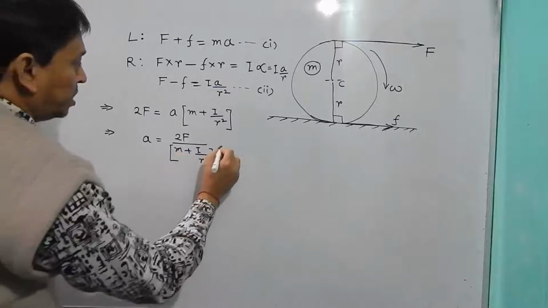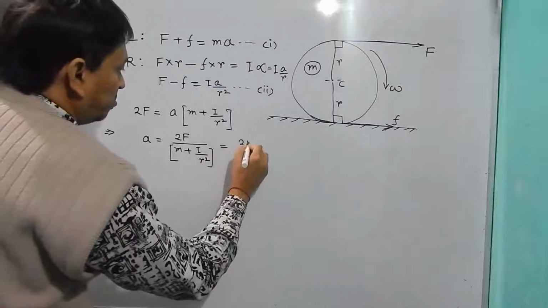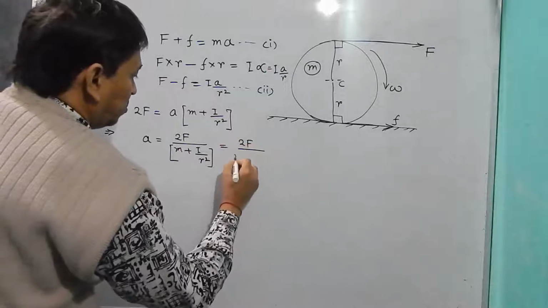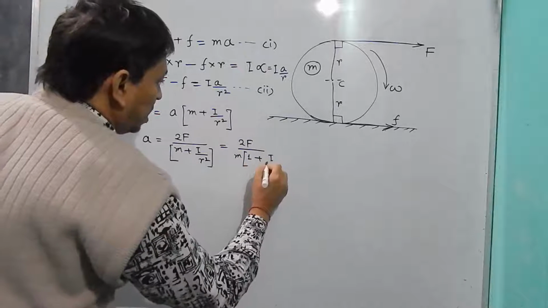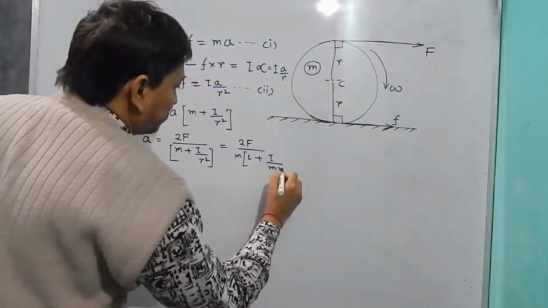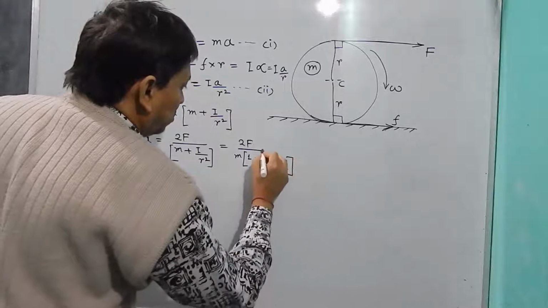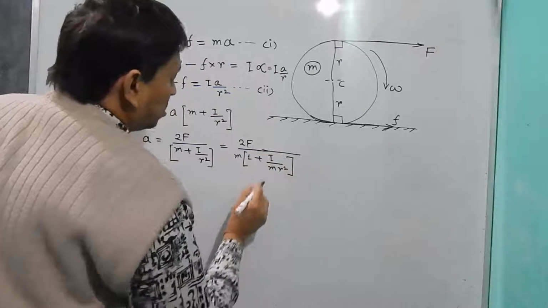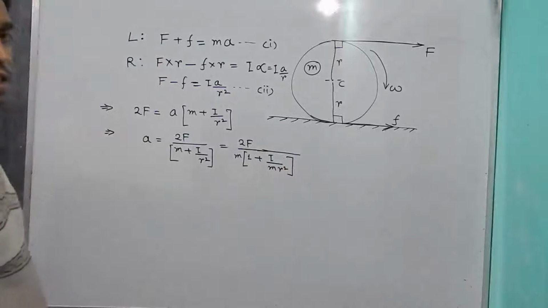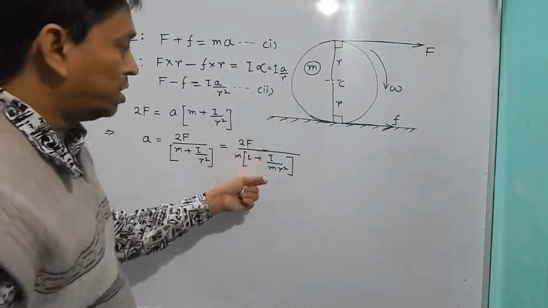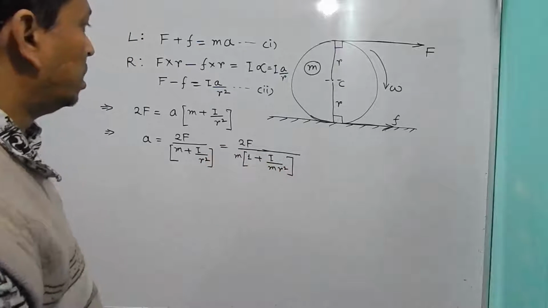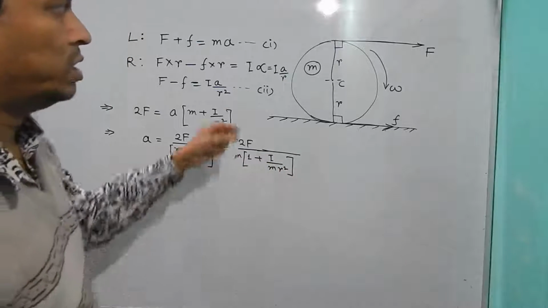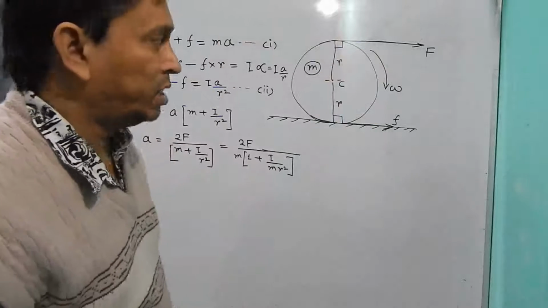From the denominator you can take common m, so this will give m into 1 plus I by m r square. We take it this way because I will be in some form of m r square. So 2F by this is the acceleration when tangential force is applied.